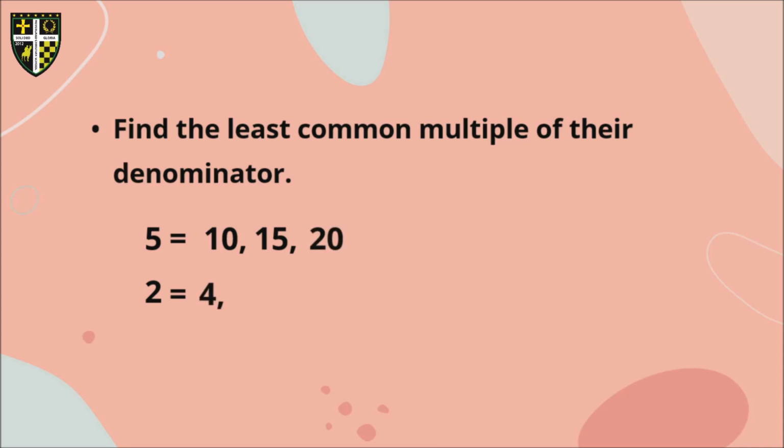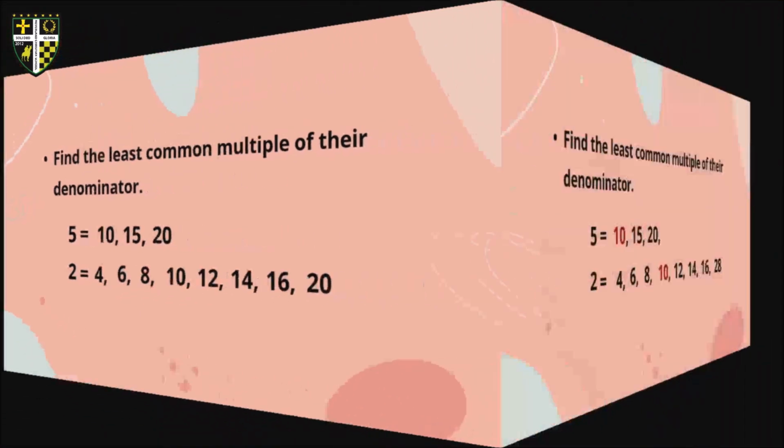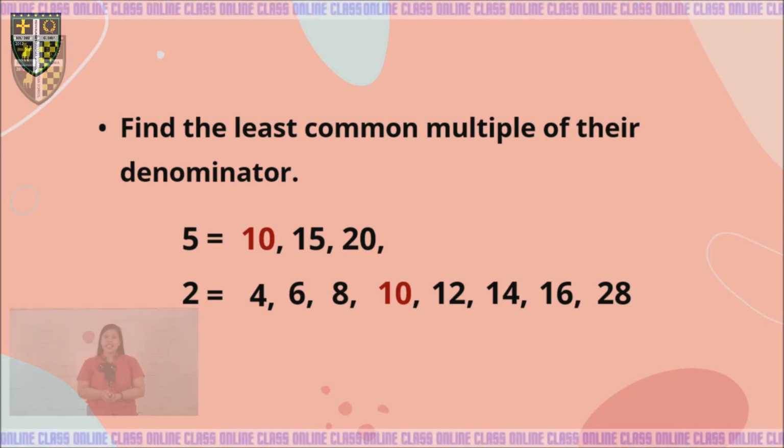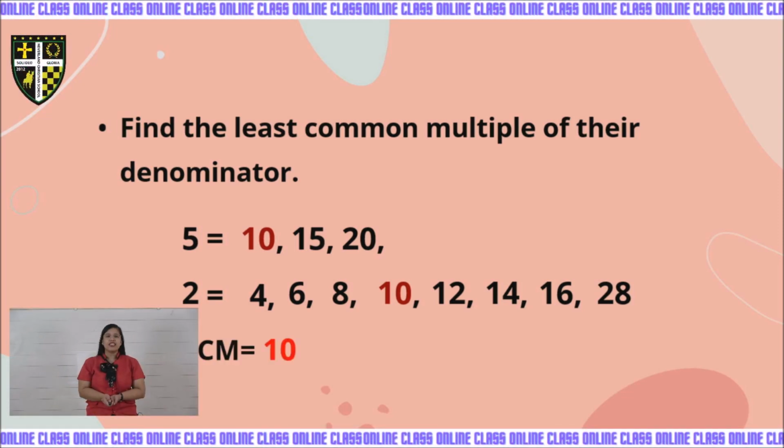Let's stop first at 20 and let's start with 2: 2, 4, 6, 8, 10, 12, 14, 16, and 20. The same common multiple they have is 10. And their LCM will become 10.